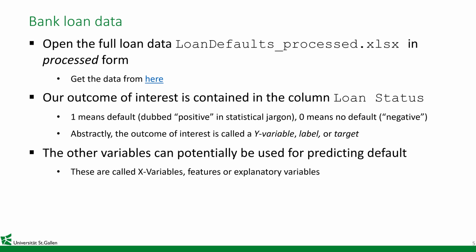Now let us access the data. Notice that here we will be using the processed version of the data. This is the version which we already cleaned for you based on our findings from the last video with the missing values and the duplicated rows. We can now simply left-click on the link. This will give us the website on which we can download the data.